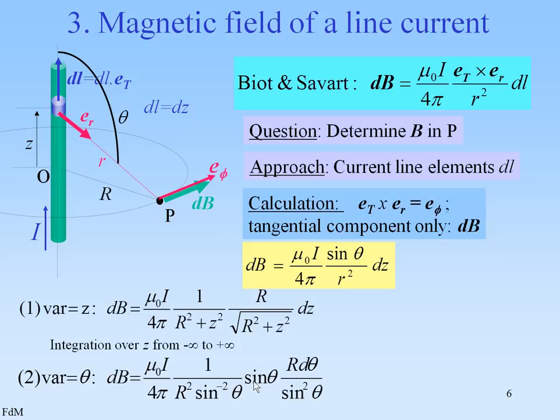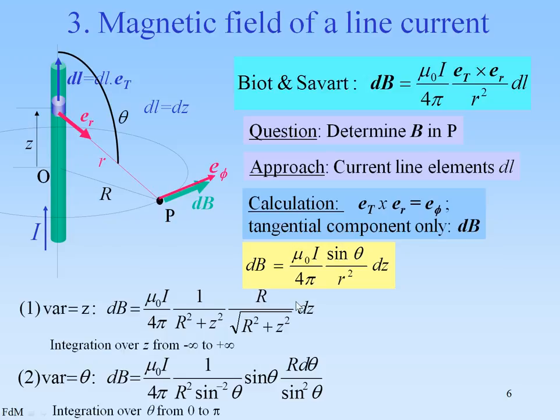And the sine theta from the formula, and this is dz. dz can be written in the form of r d theta over sine squared theta, because z is r times tangent theta, and dz is r divided by sine squared theta d theta.